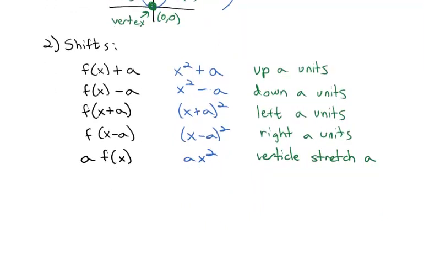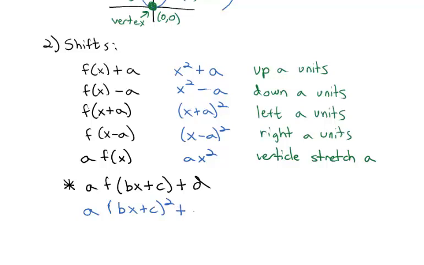Now, in pre-calculus, you probably saw a strategy which combined a lot of this stuff. So if we have maybe a times f of bx plus c, plus d, or in quadratic form, a times (bx plus c) squared plus d.